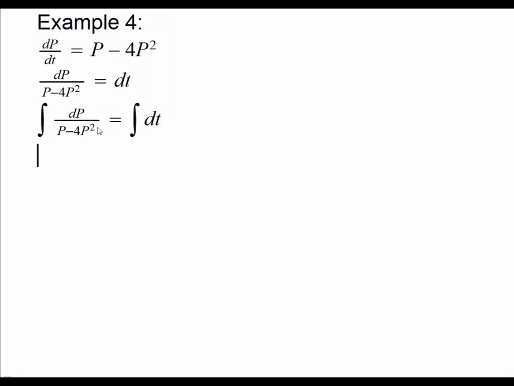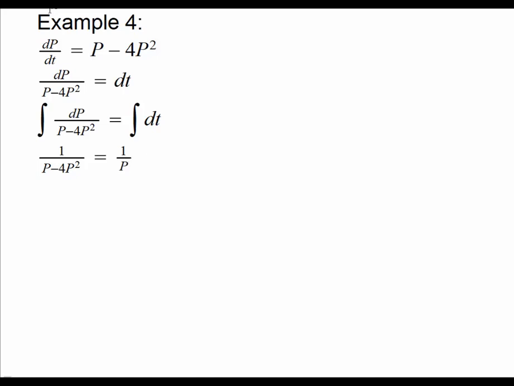But for this one, where we have to integrate 1 over p times 1, or rather p minus 4p squared, what you have here is a rational function. What you attempt to do generally is to try to factor the denominator.